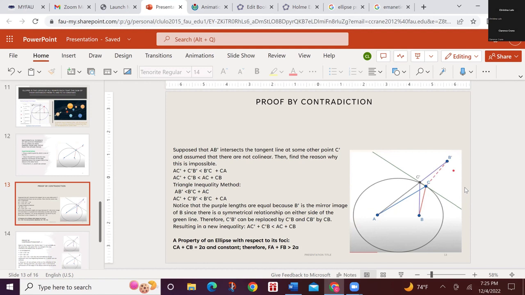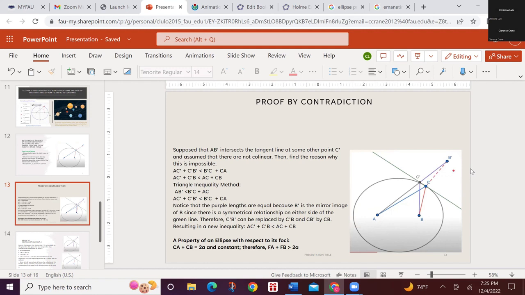Therefore, we can conclude that C prime B prime can be replaced by C prime B, and CB prime by CB, resulting in a new inequality: AC prime plus C prime B is less than AC plus CB.